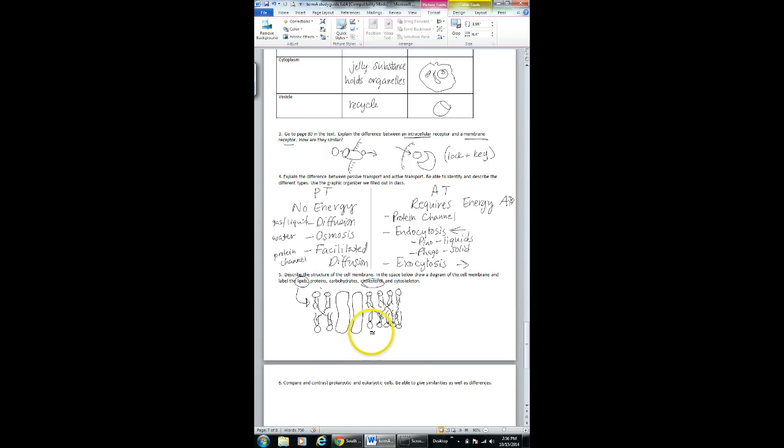Okay, so if this is the inside of the cell, we would have cytoskeleton right inside here for structure. And then carbohydrate chains come up out of those proteins that are right here. So we have carbohydrates that are like little chains, and they can even be out of the phospholipids, and then proteins. And we have all sorts of different types of proteins that you can have in the cell membrane as well.